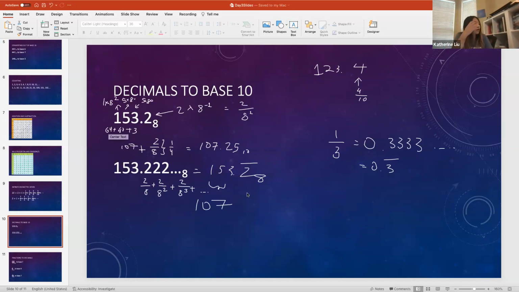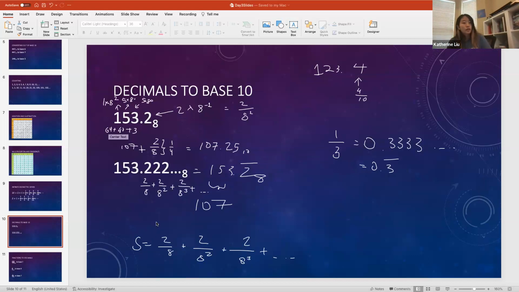Okay? So that's why we talked about adding these sequences on the previous slide. So let's look at this sequence. S equals 2/8 plus 2/8 squared plus 2/8 cubed, and on and on and on.